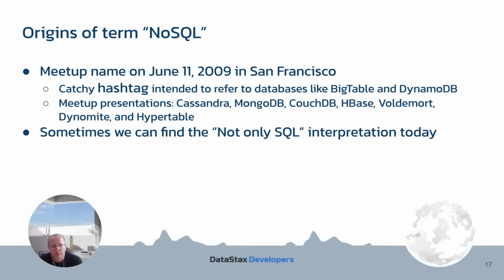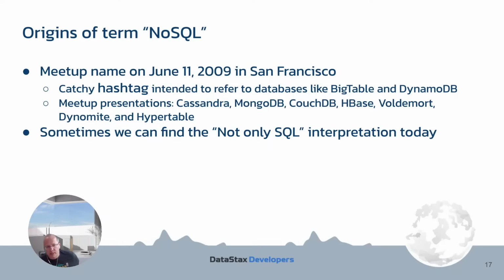So the origins of the NoSQL term: it came into existence in 2009 when there was a meetup, as a meetup name and hashtag, to refer to databases that at that time were not relational model based and didn't support SQL. So they were non-relational databases, such as Bigtable, DynamoDB, which still exists today and is in use, Cassandra, MongoDB, and others.